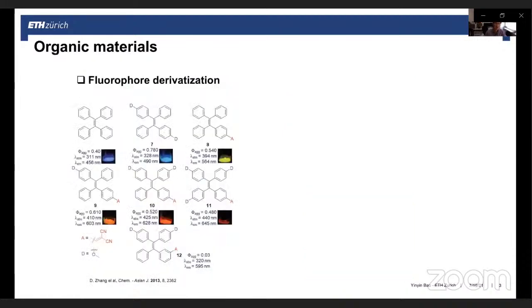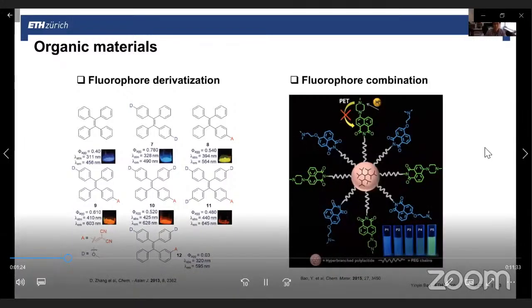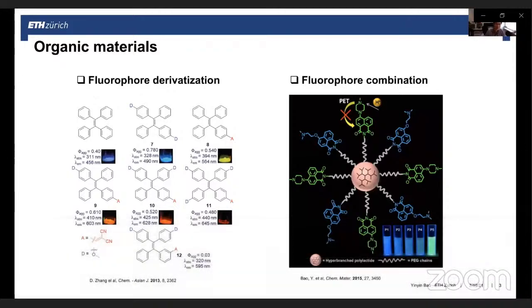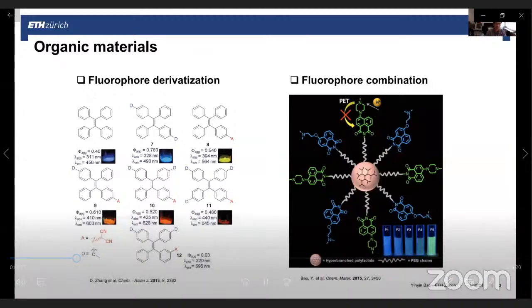So it's essential to tune the fluorescent color of these materials for different applications and also for fundamental research. So normally we can achieve this multicolor vision by either fluorophore derivatization or fluorophore combination. For the first approach, normally you can manipulate the intramolecular donor-acceptor charge transfer by modulating the chemical structures.